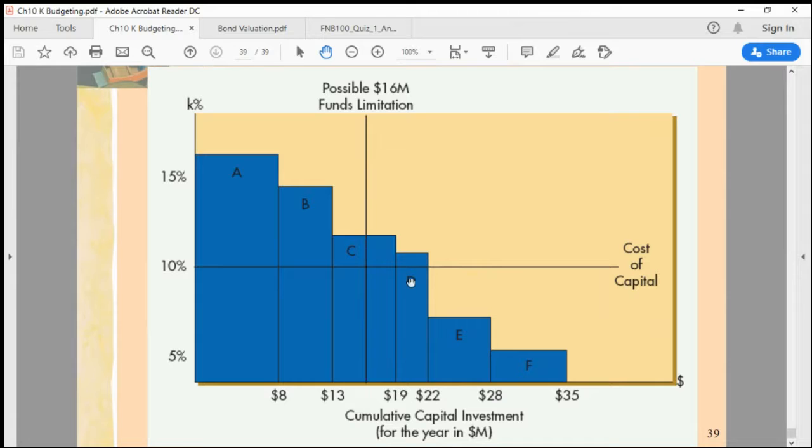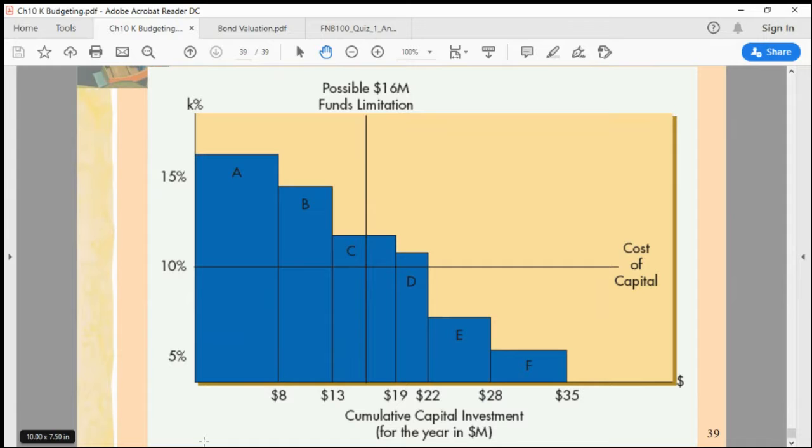But you can fit in project D because project D is 3 million. Can 3 million fit in here? Yes, it can, because our budget constraint is 16 million. The total of A and B is 13 million. So you drop project C, but you can include project D within our budget constraint.